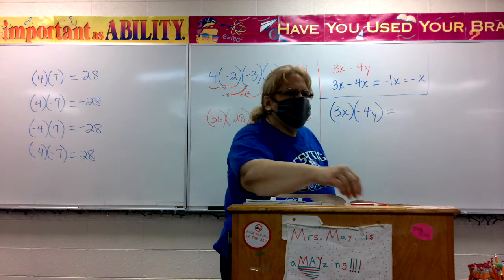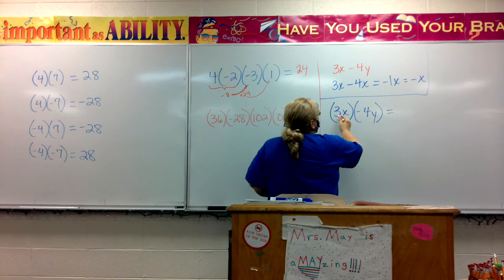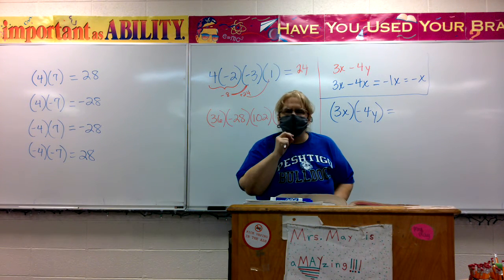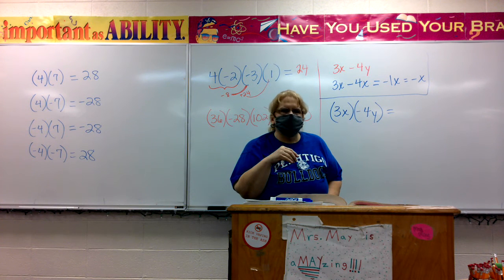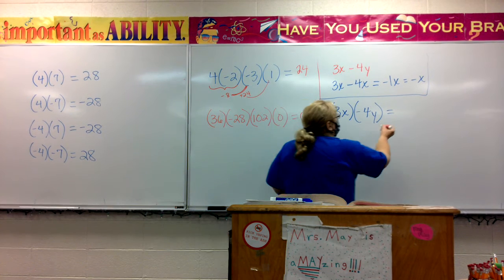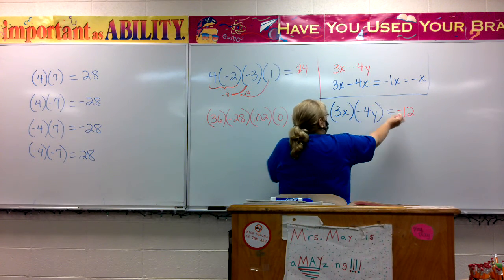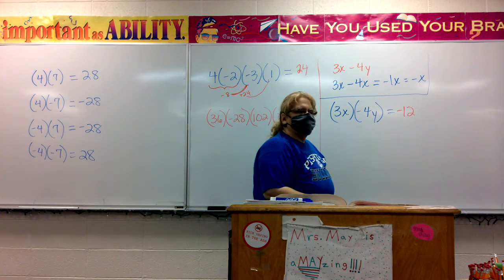You would multiply the numbers together, the 3 and the negative 4. What do you get if you multiply 3 and negative 4? You can say it. Negative 12. So the number part, the 3 times negative 4, is negative 12. What do you get if you multiply x times y?